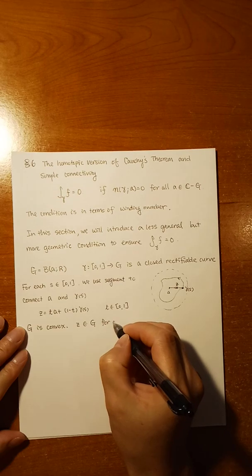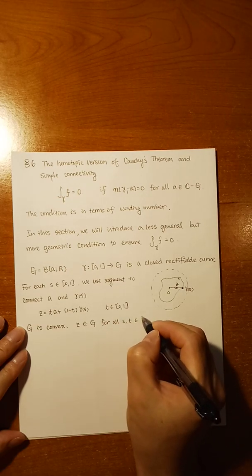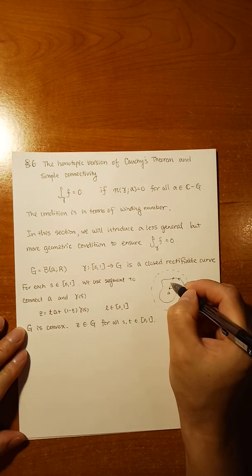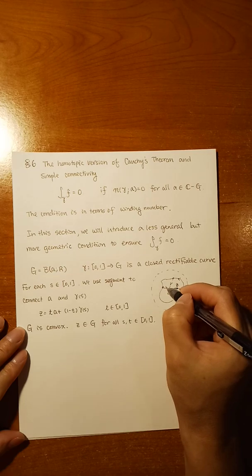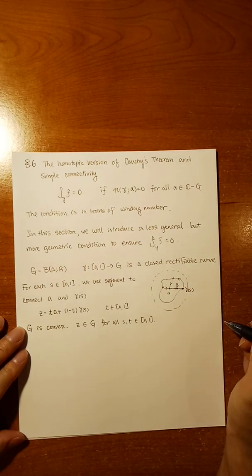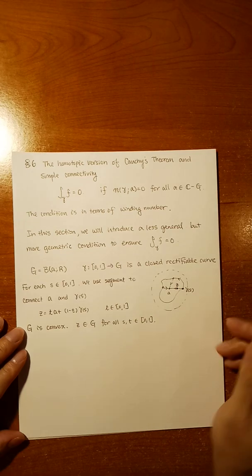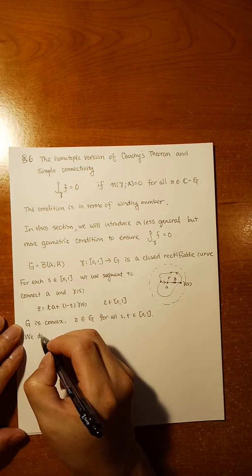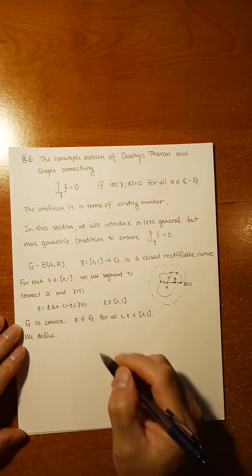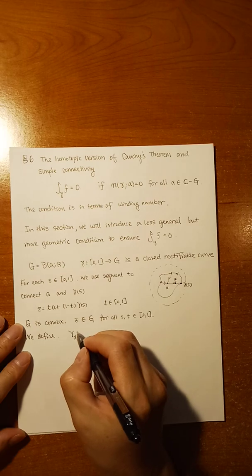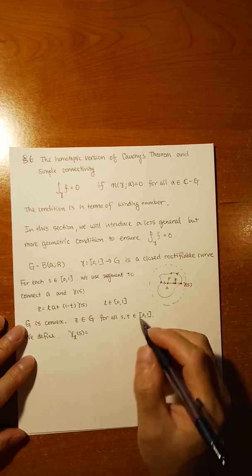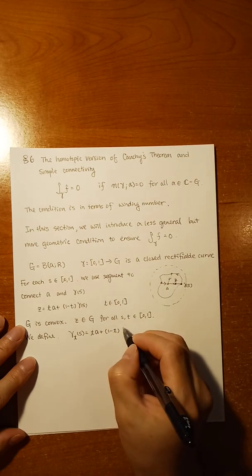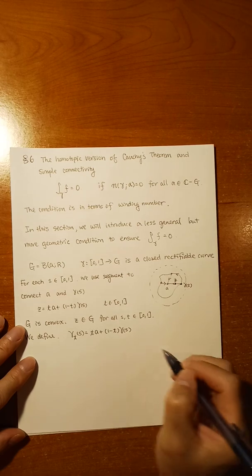This holds for all s, t in [0,1]. So for every s, you can get this segment. We define gamma_t(s) to be tA plus (1 minus t) gamma s. What does it mean?